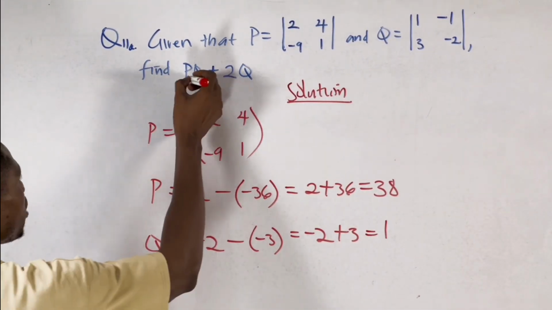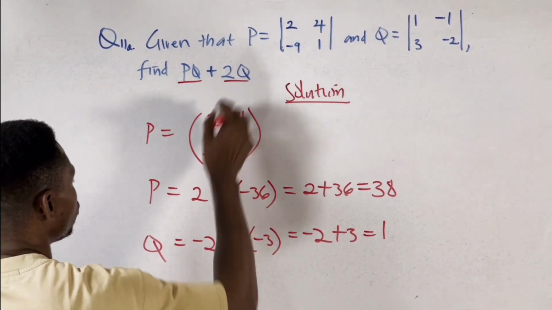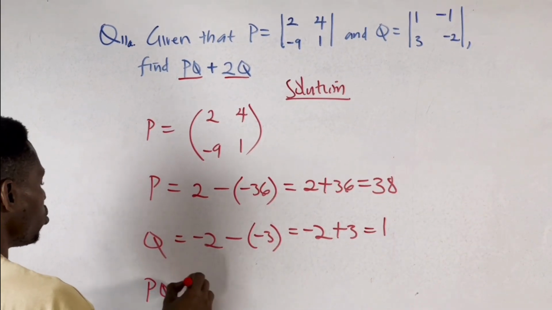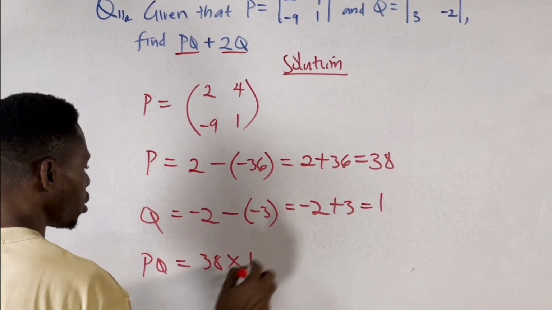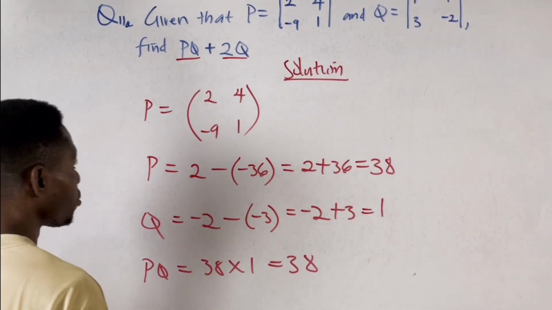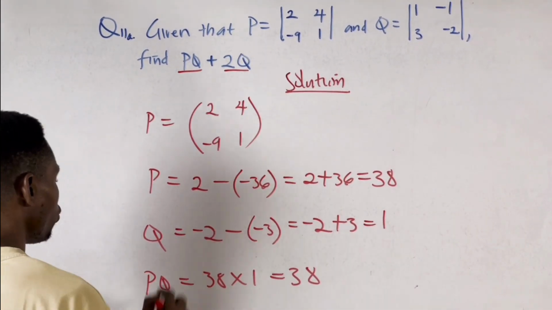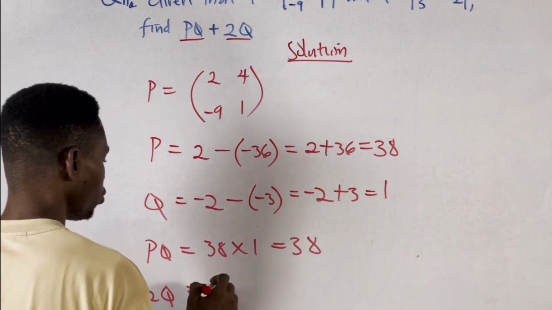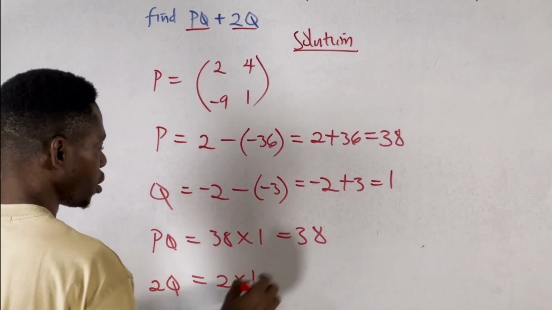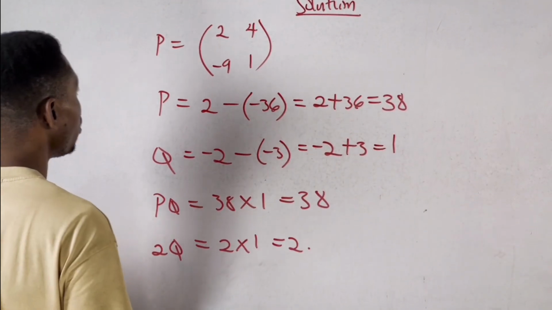So the question says find PQ plus 2Q. So PQ will be equal to P times Q, that's 38 times 1, which is 38. 2Q will be 2 times Q, which is 2 times 1, which is equal to 2.